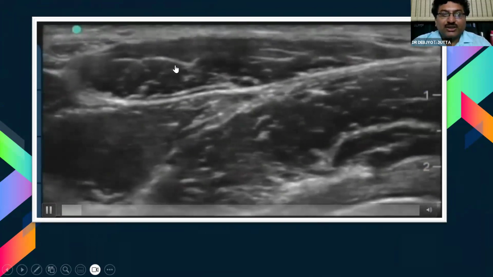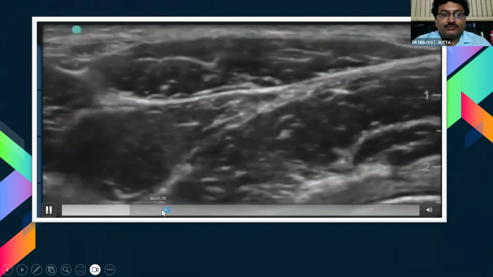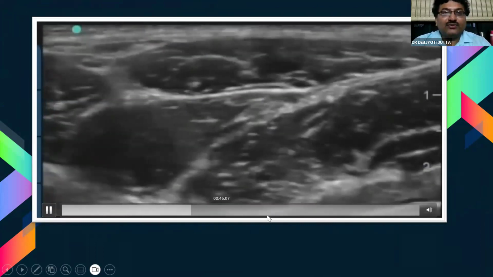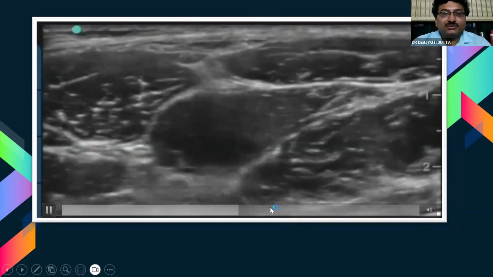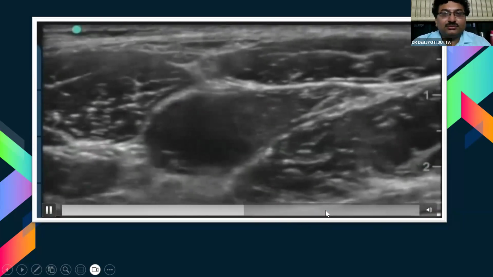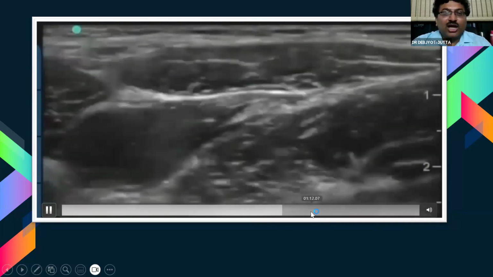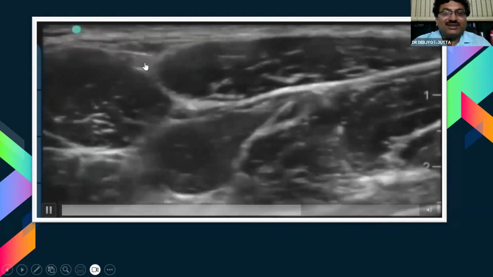Okay. This is the sartorius, rectus femoris, iliopsoas. So we have to move slightly towards the lateral side, and then move up and down slightly, and focus in this area.